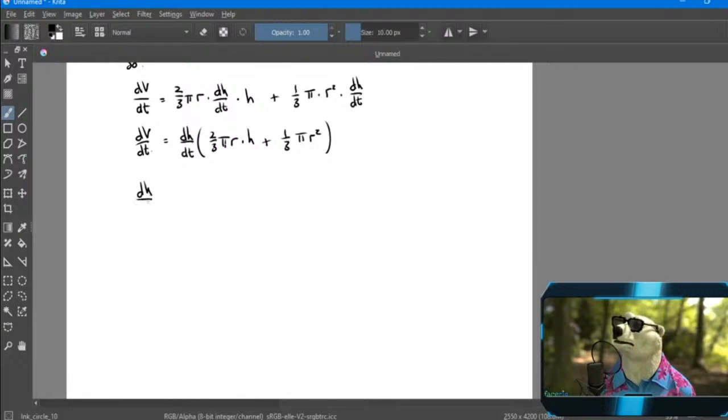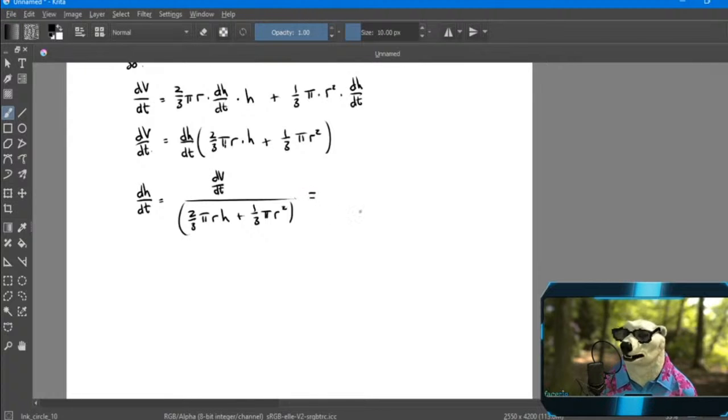So dh/dt, sorry, that almost looks like a V, hold on. dh/dt is then dV/dt over that whole bracket, 2/3 pi r h plus 1/3 pi r squared. And now I'm ready to fill in the numbers. So let's see now, what did we have?